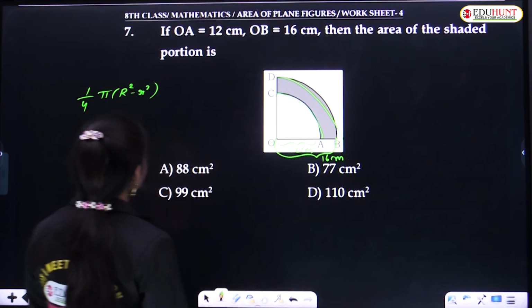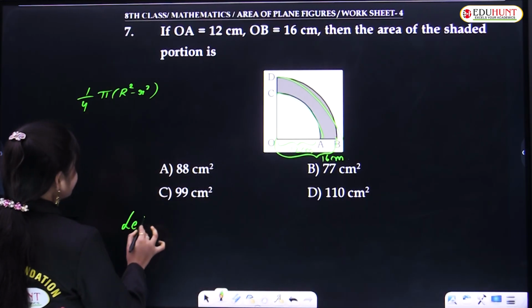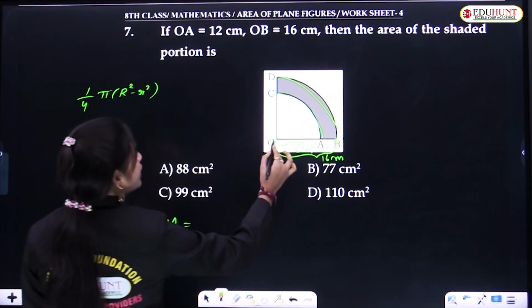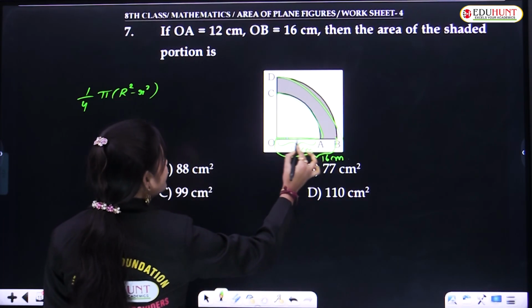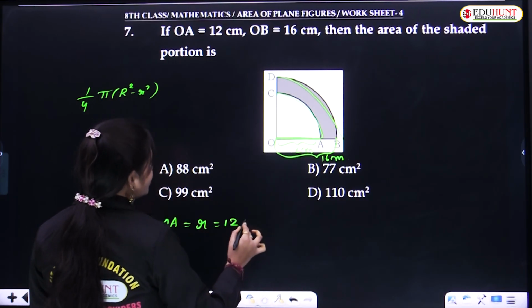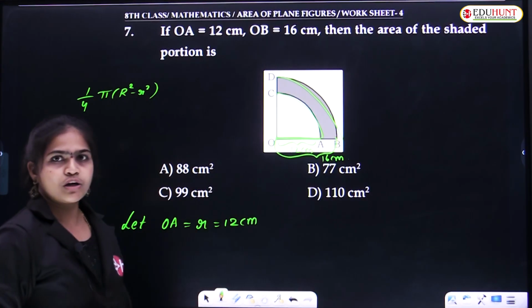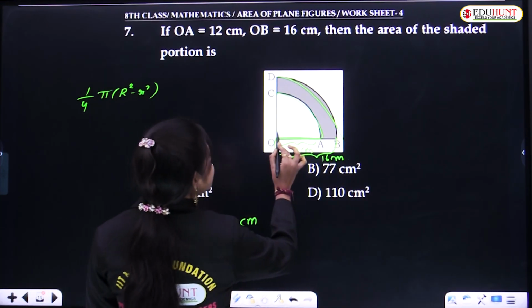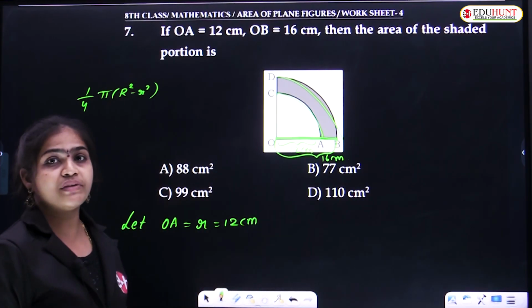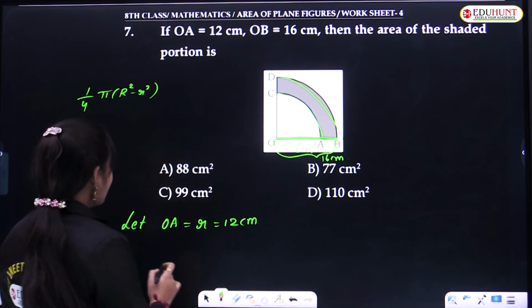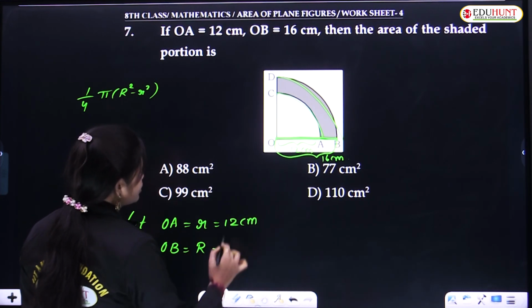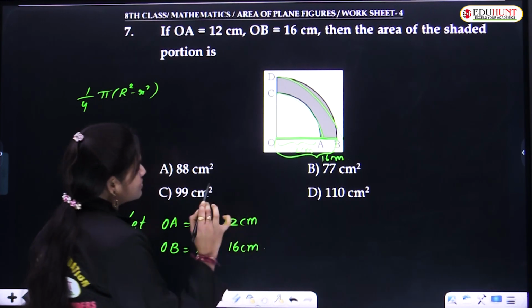Let OA, the inside radius, be r equal to 12 centimeters. Next, OB is the longest part, the radius of the outer circle, so OB is capital R equal to 16 centimeters.